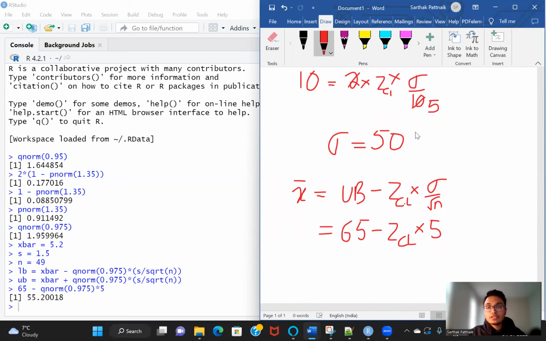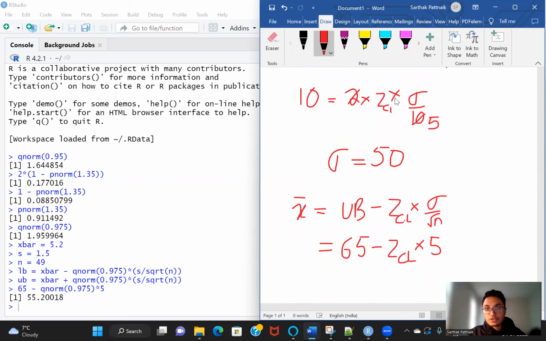Oh, no, no, no. So this is where I made a calculation mistake. I'm so sorry. I said right here that sigma is equal to 50. I missed that there is a z value over here as well. So technically this value of z critical into sigma is 50.